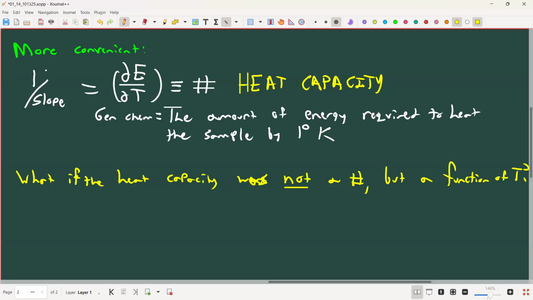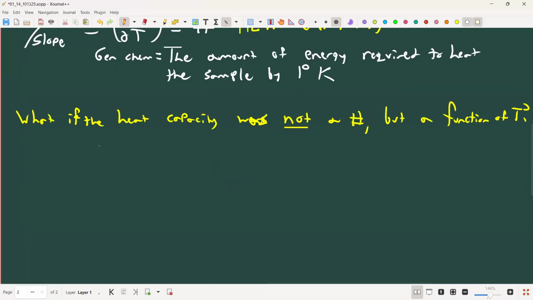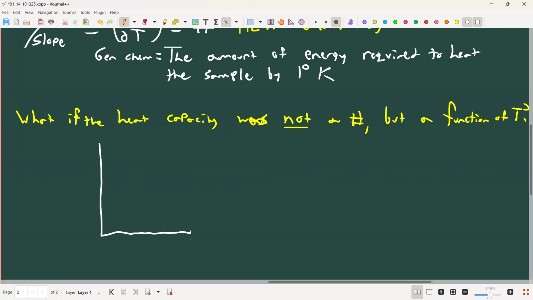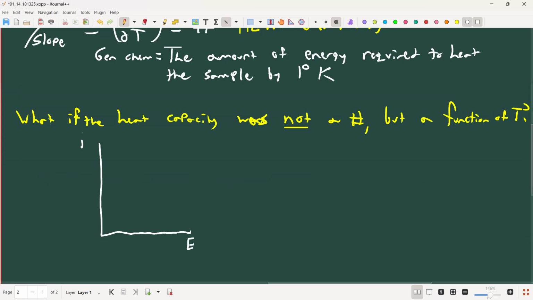So what would that curve look like instead? Well, our calorimetry curve would instead have some curvature to it. Like this. And then it would boil. And then the gas may have some different behavior.